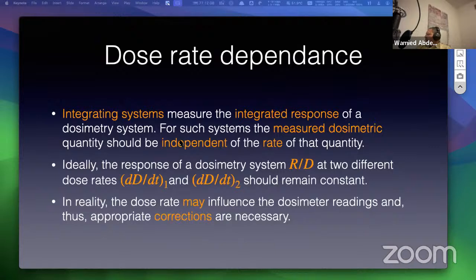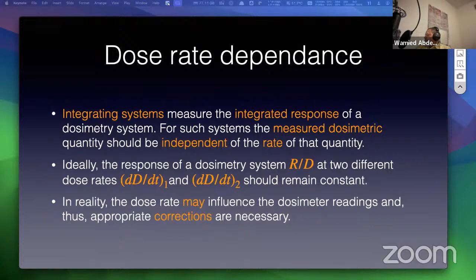Dose rate dependence. We have some integrating systems. Sometimes you want to measure an integrated response. For example, with a chamber, we want to measure a charge, not the current, because the electrometer will register the current. But we want to measure the charge. So it's important that the dosimeter does not change its response to dose with dose rate.